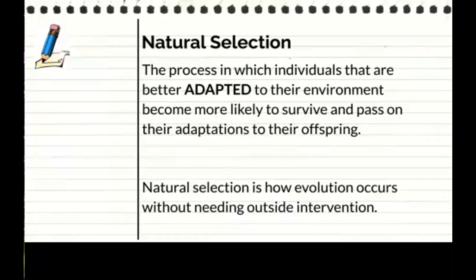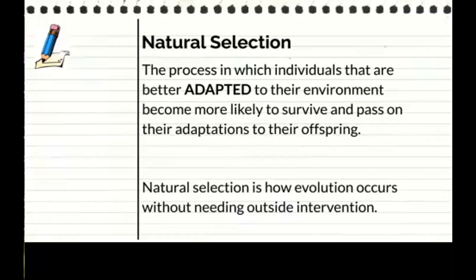So this word adapted, I want to start thinking about what does that word mean? And more specifically, I want to change the tense of the word a little bit, adaptation. Okay. So the white bunnies were better adapted in the snow environment. The brown bunnies were better adapted in the desert environment. The green bugs were better adapted in the green grass.